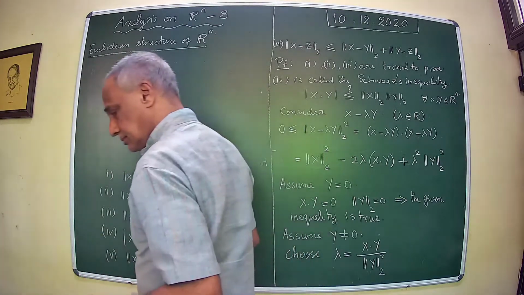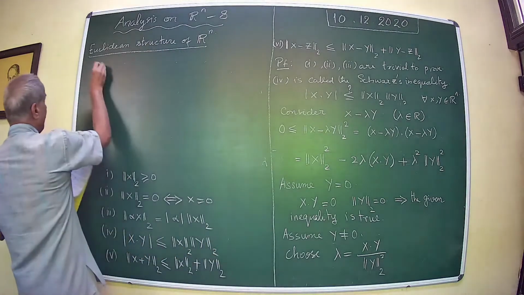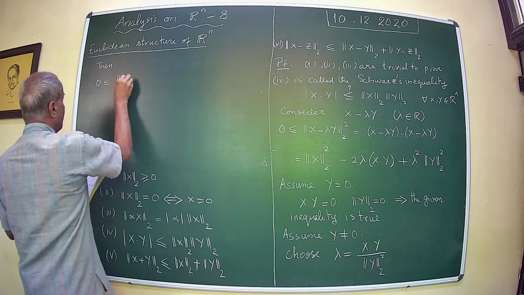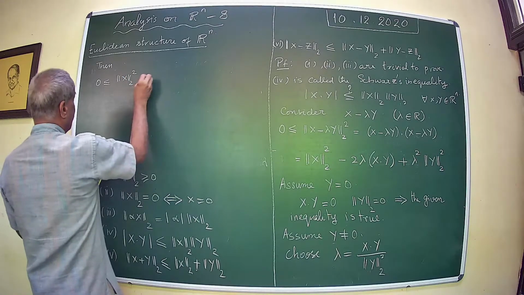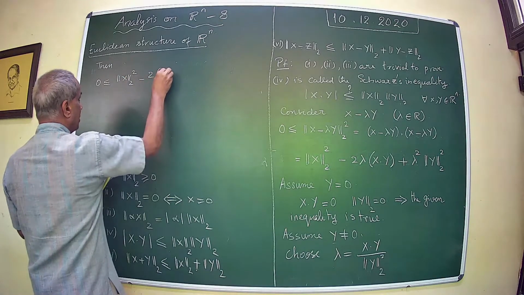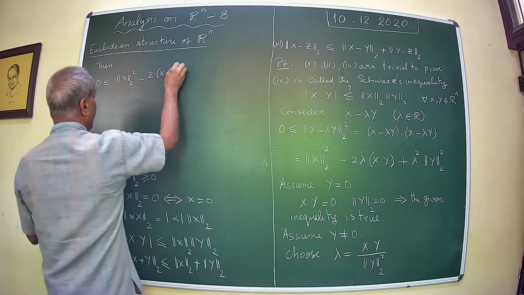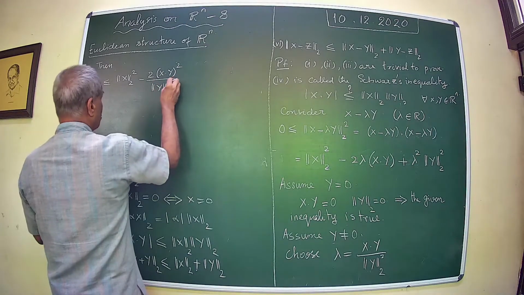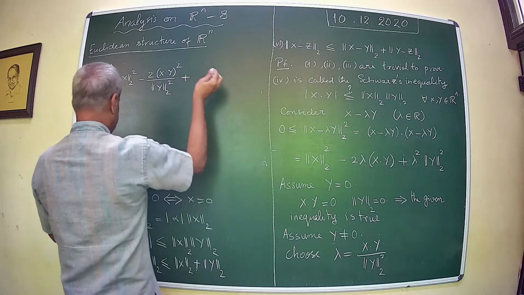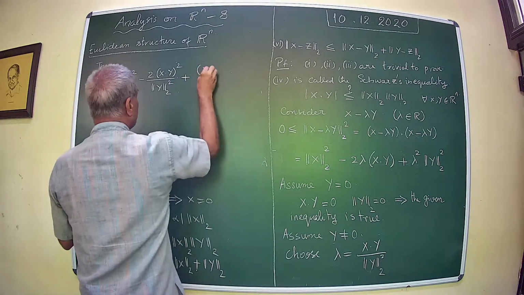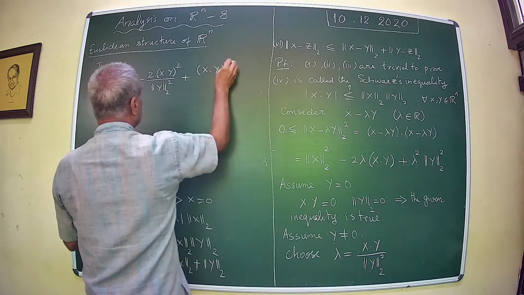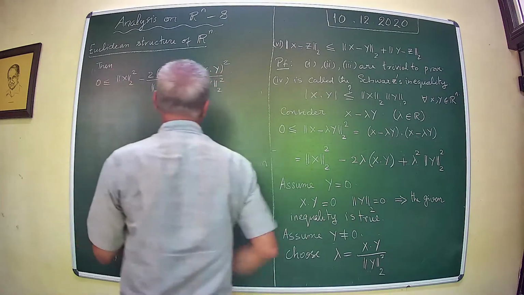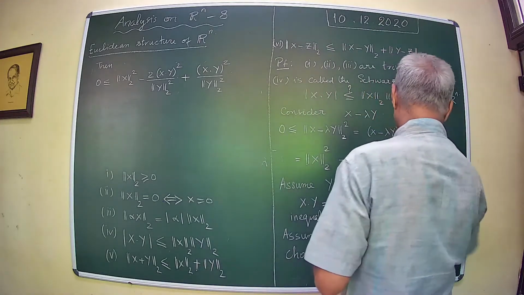Then what do you get? Then we have 0 is less than or equal to norm of x square minus twice x dot y whole square divided by norm y square plus, after simplification, we just take lambda square and then cancel out.